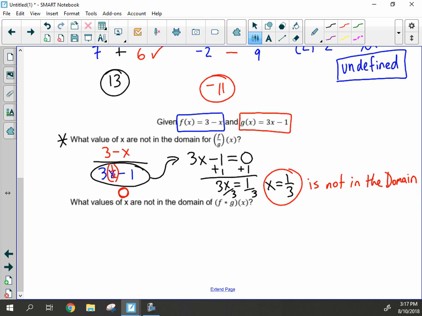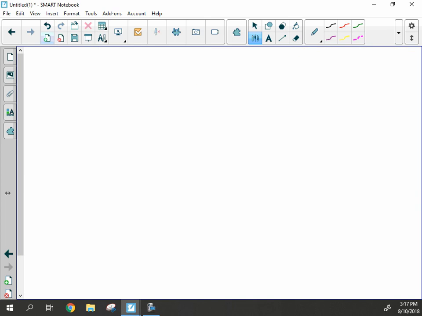So let me just go to a different page for a second. Let's say I have x plus 4 over 3. If I asked you what values are not in the domain, this doesn't have any issues. Now, I know it's a fraction, but it doesn't have an x on the bottom. The problem is the bottom can't be 0, and there's nothing that can make this a 0, because there's no x's interacting with it.